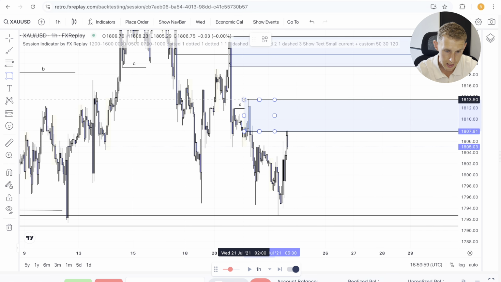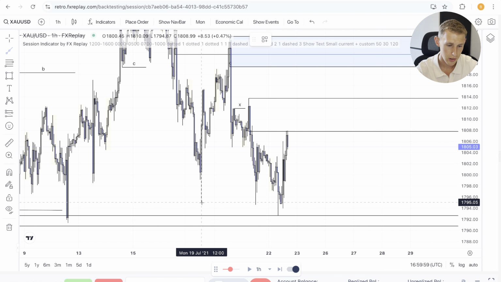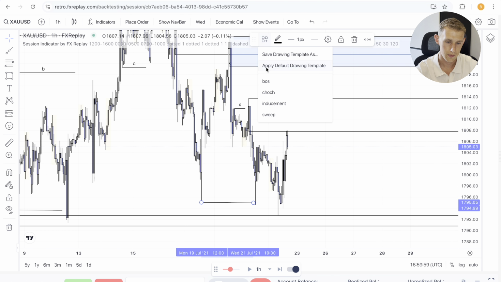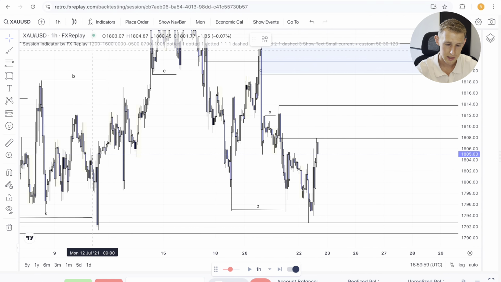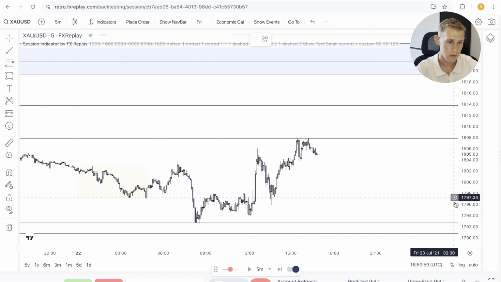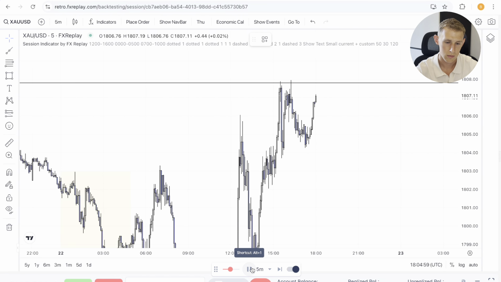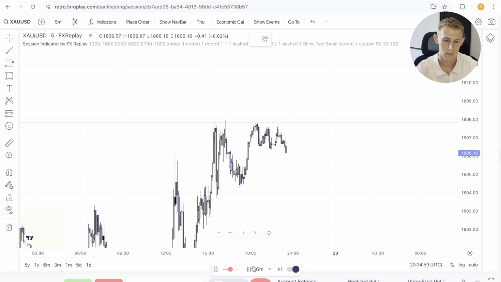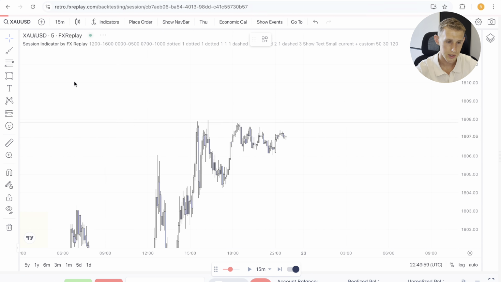I would consider this supply that it just came into, now that it's broken the low again, just here, or this area, that's still valid. Looks like it wants to come higher at the moment.